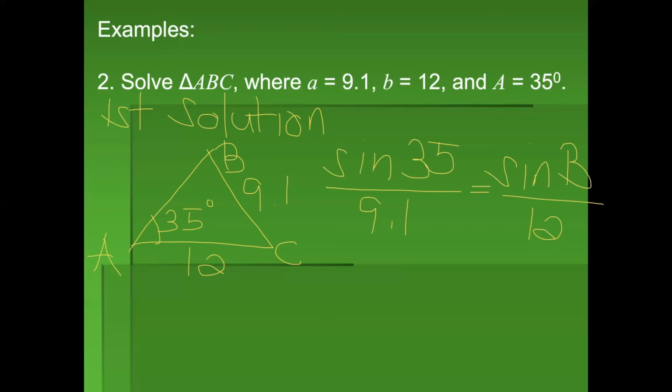When we simplify this, we have 9.1 sine B equals 12 sine 35.